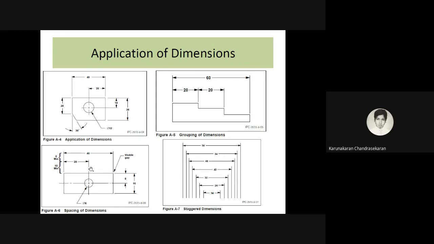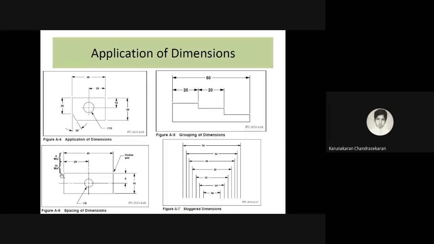And spacing is very important. As per this IPC 2615 code, the spacing is given like: the first major dimension should be minimum 10, and then the second dimension should be minimum 6, and there must be a gap which should be visible.